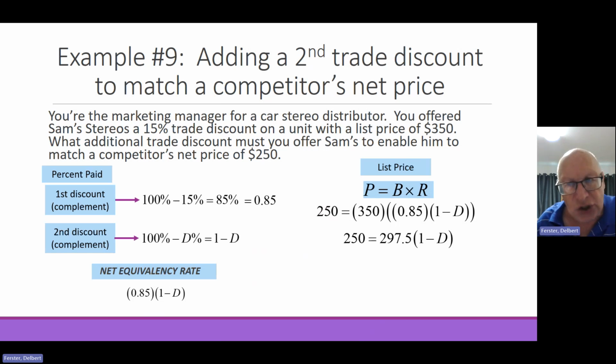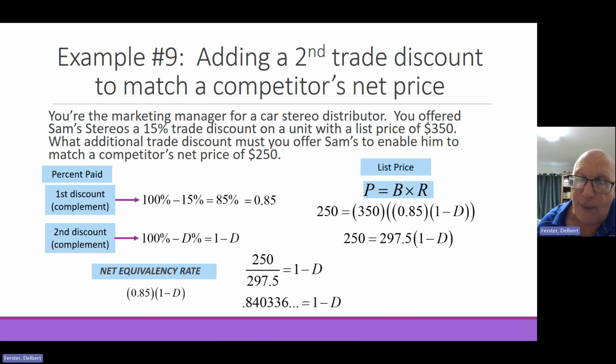Don't distribute yet. Let's go ahead and divide the 297.5. So maybe it's a different approach than what you would have looked at. If that's the case, cool. I thought it might be a little easier, a little less ugly numbers. So I'm going to go ahead and do that divide, and that's going to get me 0.84, and so on. Now notice I still have to solve for D. All right, so I still have algebra to do.